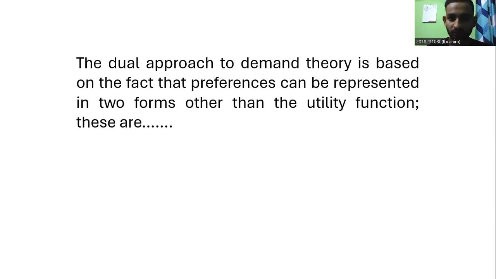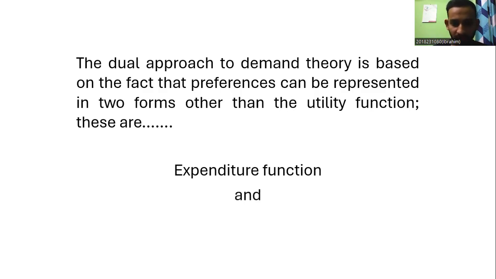If I could give a definition of duality in consumer theory, it is the dual approach to demand theory, based on the fact that preferences can be represented in two forms other than the utility function. Those are the expenditure function, which we'll show later on, and the indirect utility function.